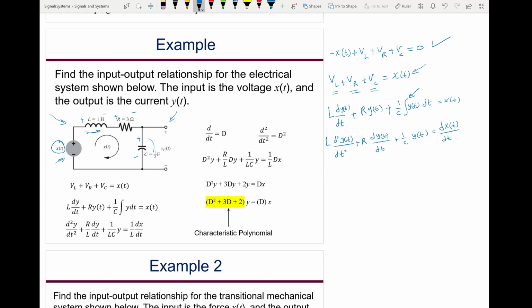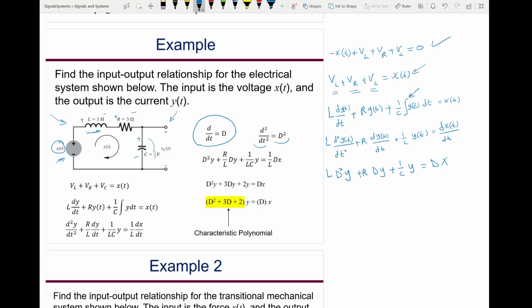In the remaining chapters we will express the derivative by D and the second derivative by D squared. Then in this case, it is just L times the second derivative of y plus R times the first derivative of y plus 1 over C y equals the first derivative of x. I'm dropping the x of t and y of t.